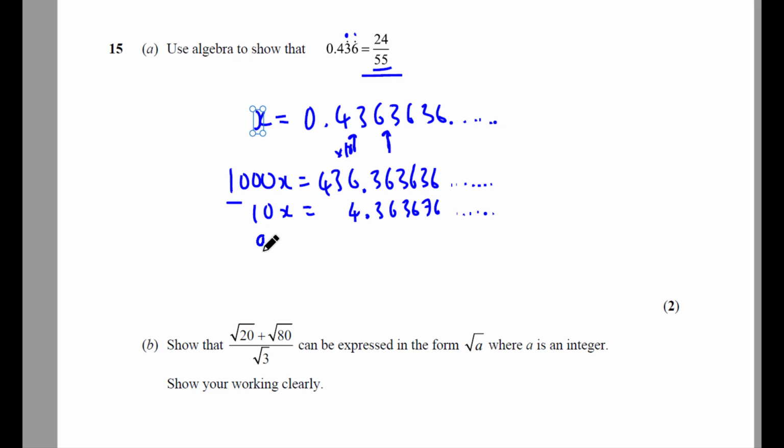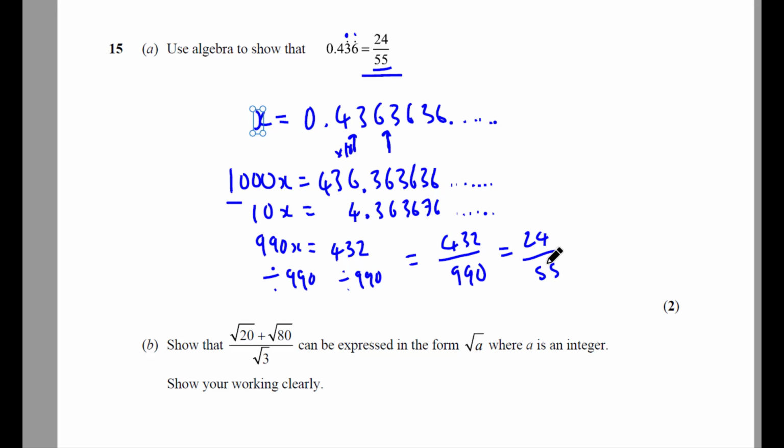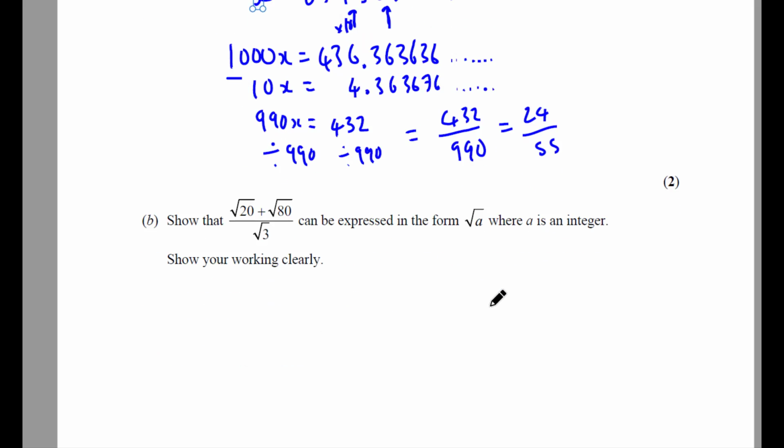And you can see we can minus that now to make 990x equals 432. Divide out by 990. Do that on both sides. Have nice clear working out. Leaves us with the fraction 432 over 990. And show that that equals 24 over 55. But that's enough for the full marks, just to state that fact, because it's only a 2-mark question.